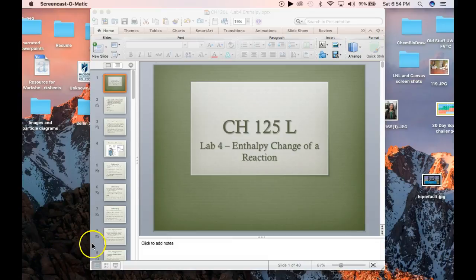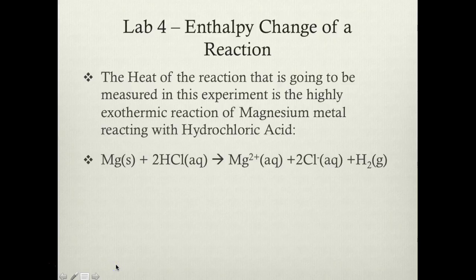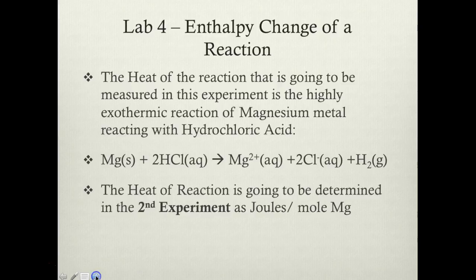Continuing where we left off, the enthalpy change of the reaction of magnesium with hydrochloric acid. A lot of heat is generated, and that heat, as I said, is going to be transferred both to the walls of the calorimeter as well as the water present inside the calorimeter.